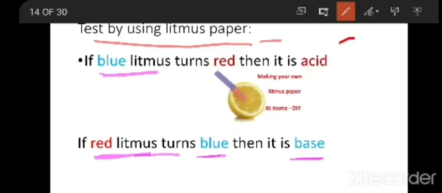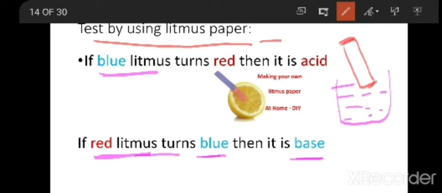Suppose you have taken a red litmus paper, a red litmus strip. This is completely red. And you have some solution here. You don't know whether this solution is acid or base. So what we have done, we took red litmus paper and we dipped it into this solution.